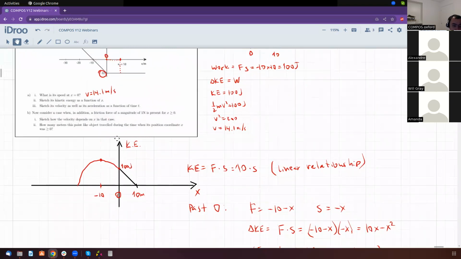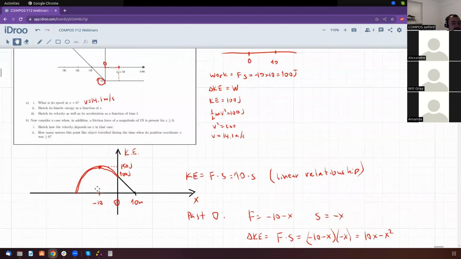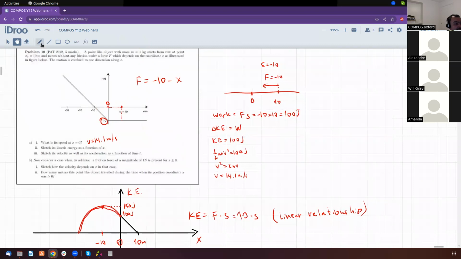But anyways, the kinetic energy is a function of x, and it's a quadratic, an upside down parabola. And the maximum of this parabola is going to be 150 joules. So why is that? Well, look, this is the amount of work done.